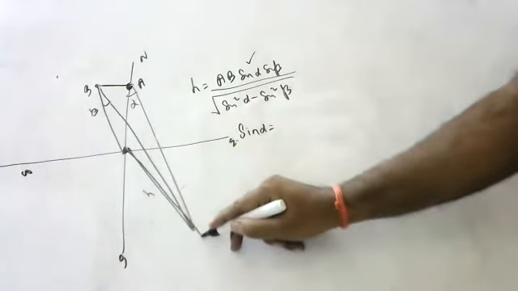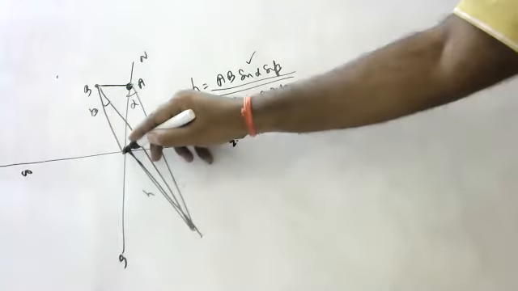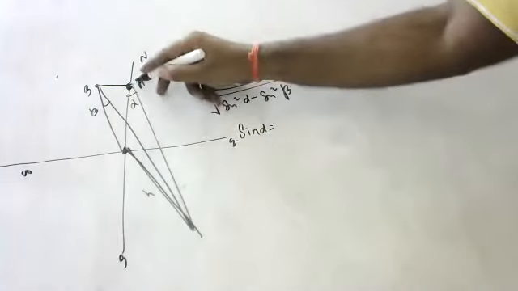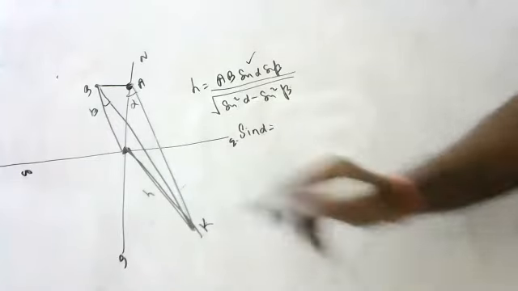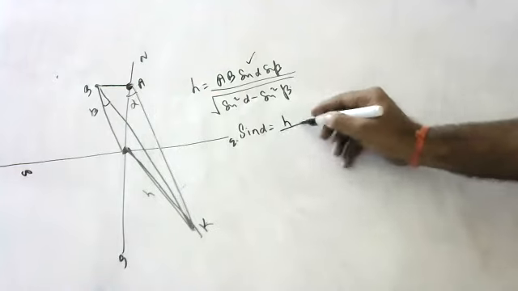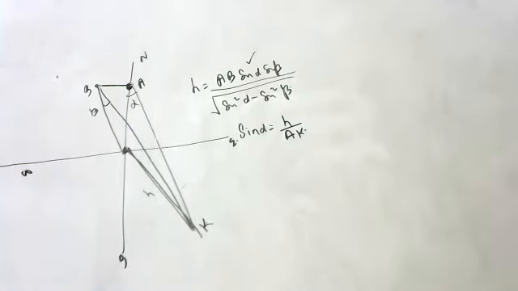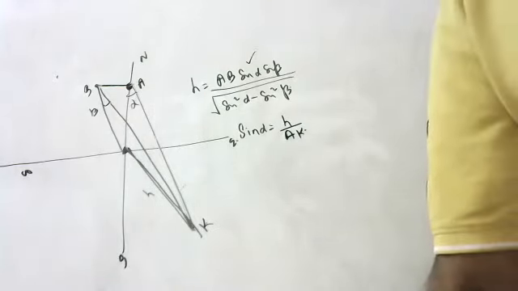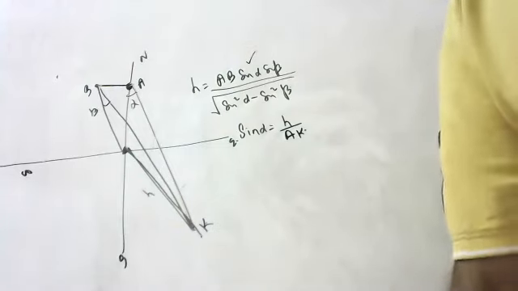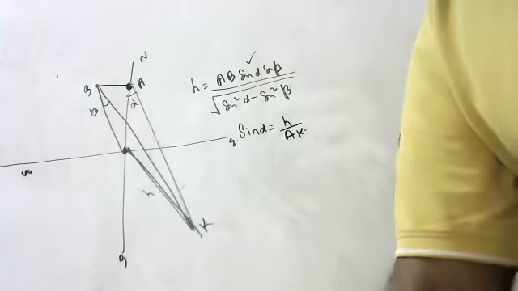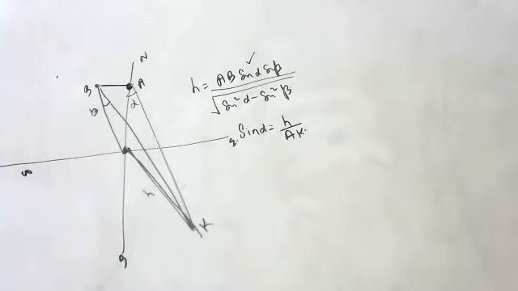This is H, opposite by hypotenuse, so sine alpha is H by A. Now the question has sine square alpha minus sine square beta.